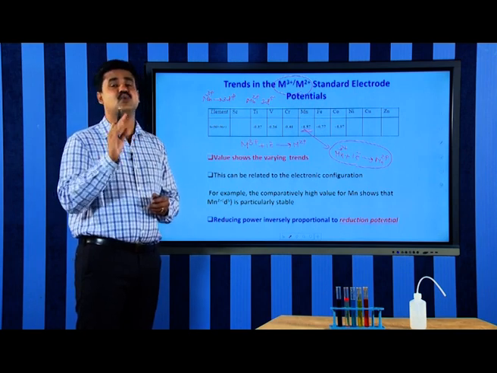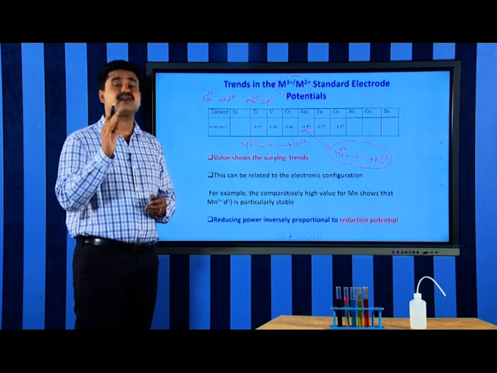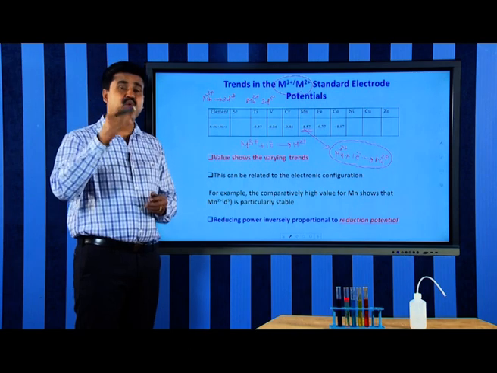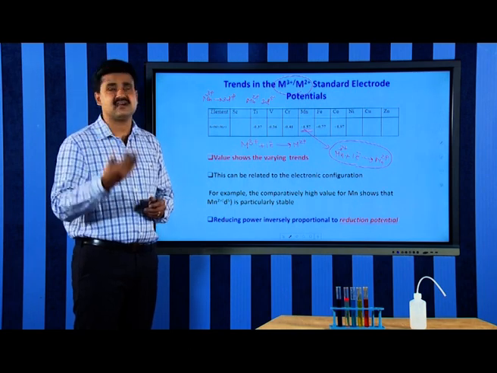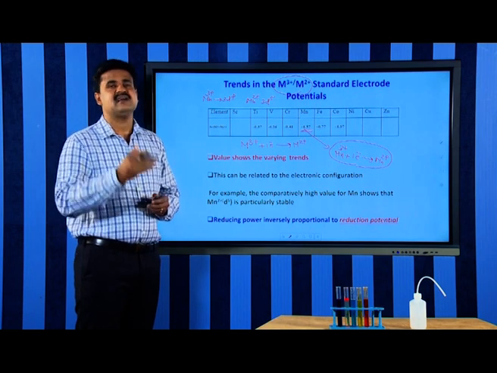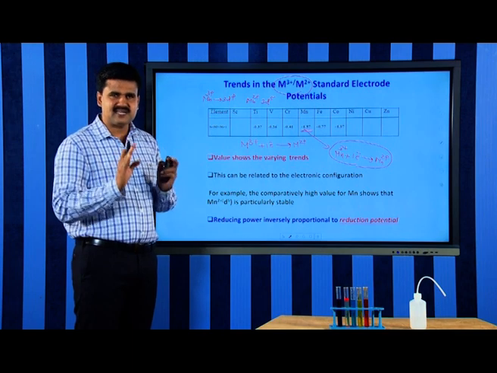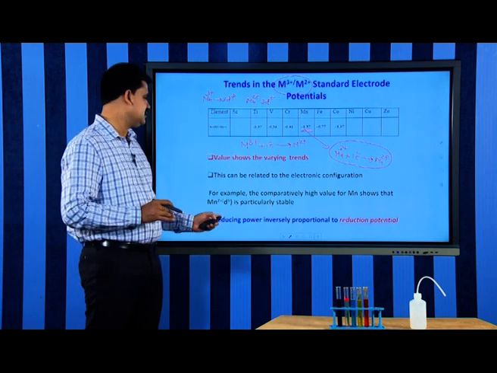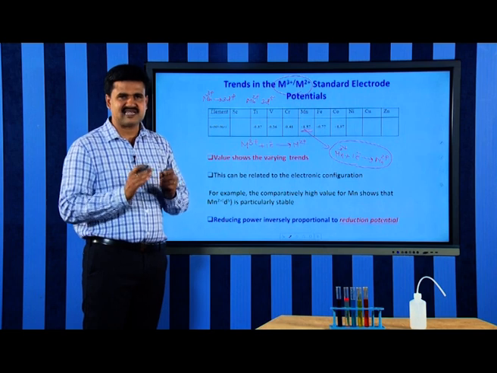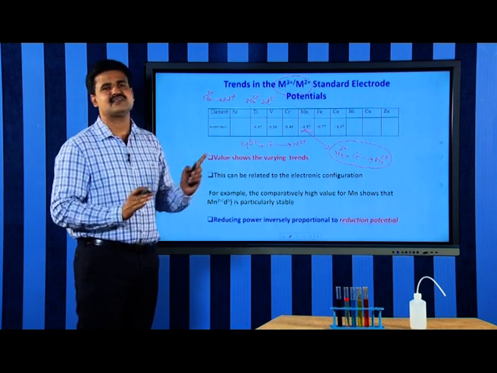A reducing agent always undergoes oxidation. That is, for good reducing agents, the oxidation potential must be very high. If oxidation potential is very high, reduction potential will be very low. That is, we can ultimately say that the reducing power of transition metals is inversely proportional to reduction potential.